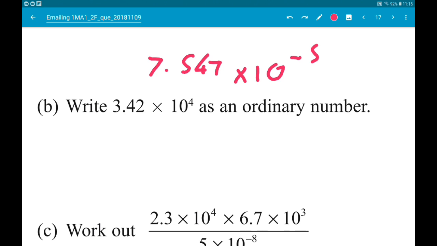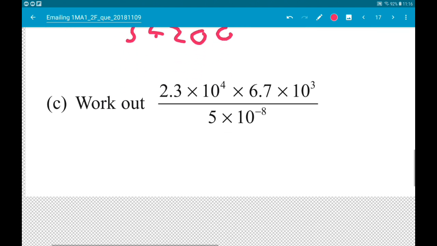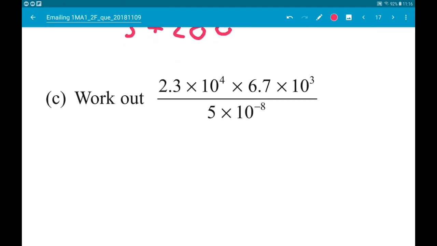So we're going to get 3, 4, 2, and then we need 2 zeros. So it's 34,200.